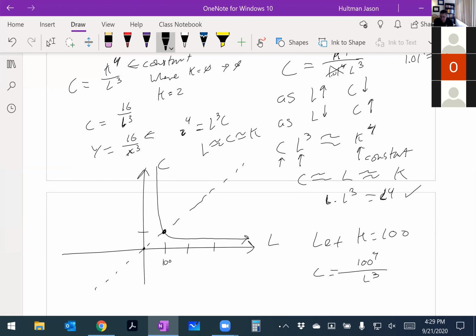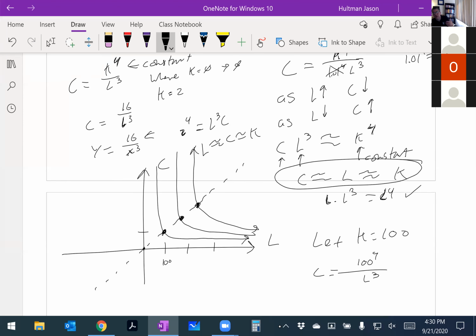So what we're going to get is a family of rational curves that look like this, but follow the line L equals C. They follow this line L equals C because we're fixing K and saying, let K be approximately equal to C, which is approximately equal to L. And then you can fix that.